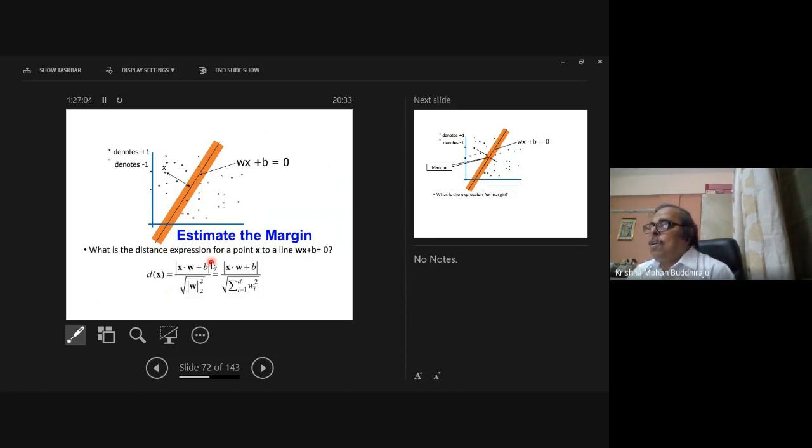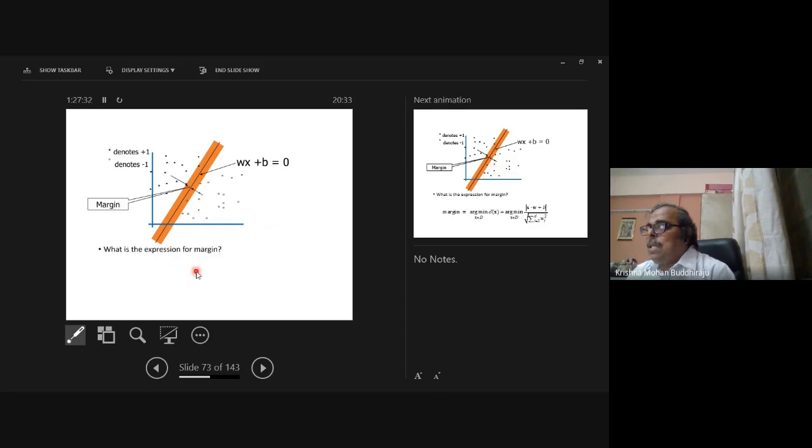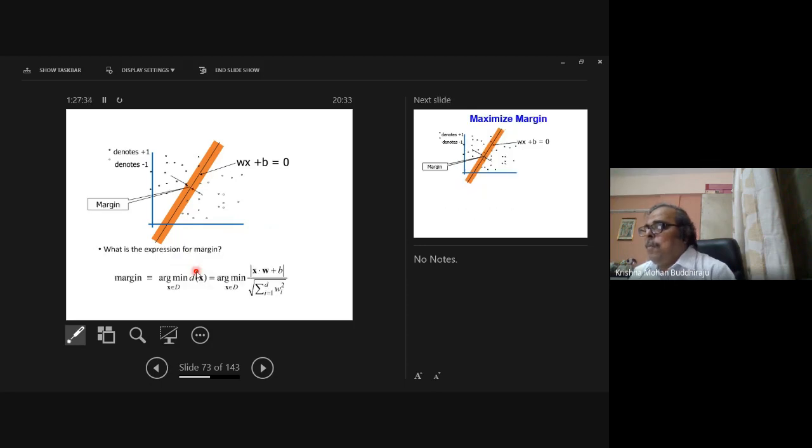So in order to identify the support vectors, you have to find the distance of all these samples from the boundary and then find those which are at minimum distance. If you are given the discriminant boundary, you can find the distance of every sample X and then find the minimum.